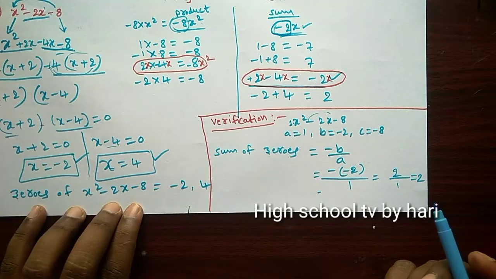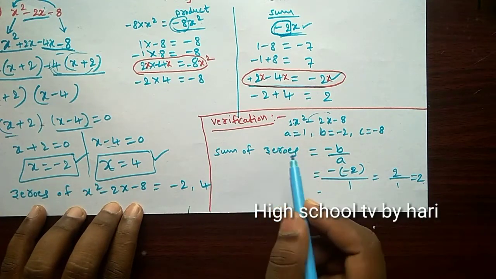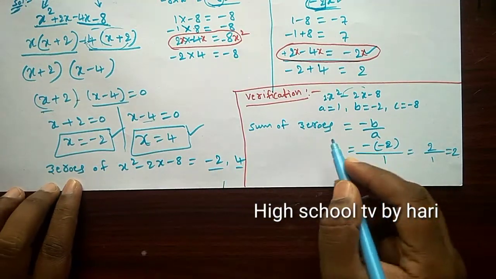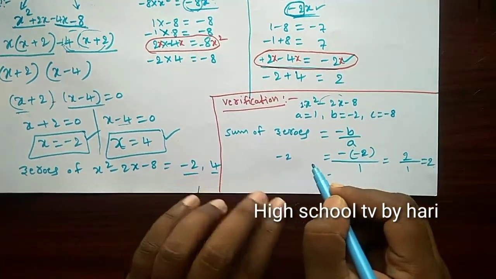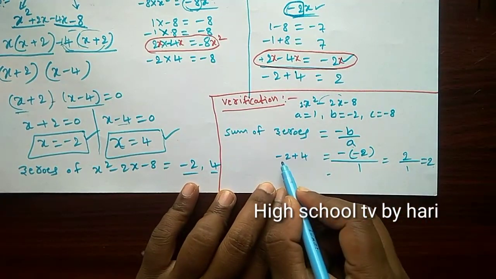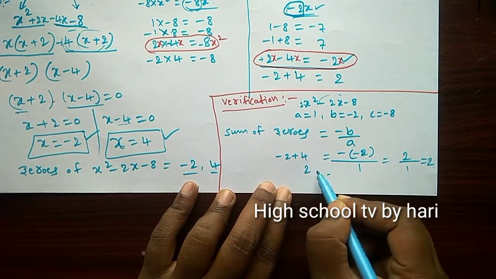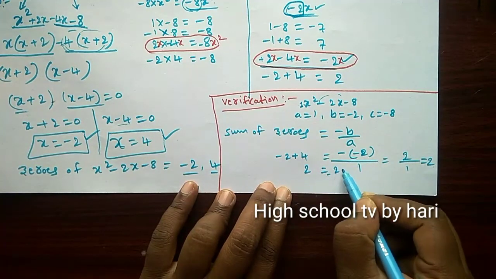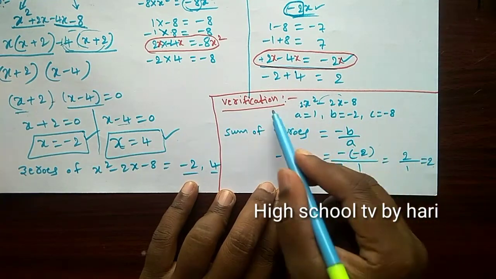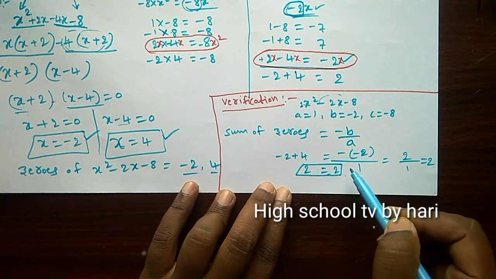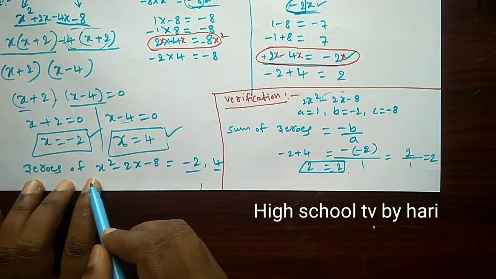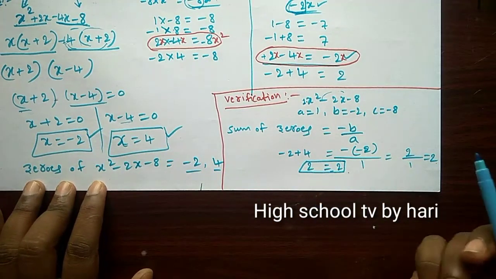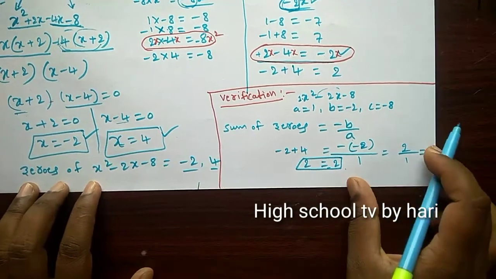Now by our manual method, the sum of the two zeros is minus 2 plus 4. In the LHS I am writing minus 2 plus 4, which is 2. LHS is 2, RHS is also 2. LHS equals RHS. So by the formula and by adding, we get 2. Both are verified.